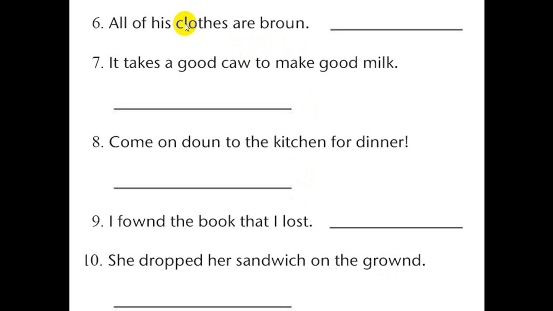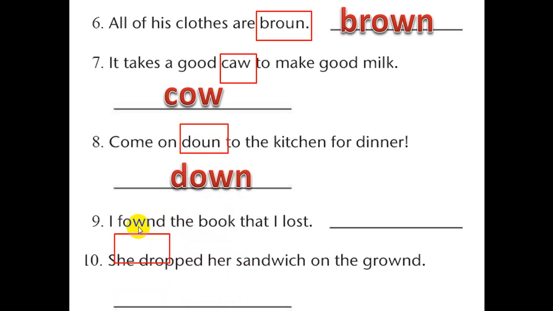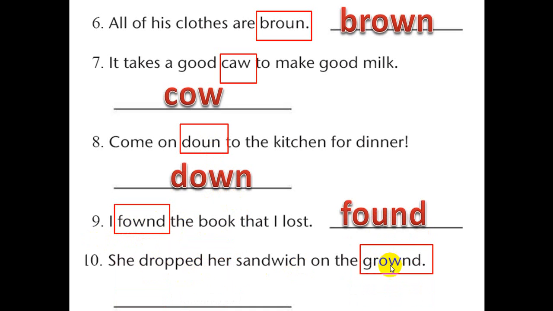It's easy, huh? Yes, brown, brown, with W, not U. Cow with O, not A. Down with W, not U. Found with U, not W. Ground with U, not W. Okay, easy, too easy.